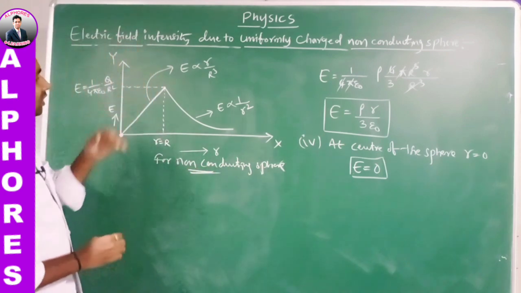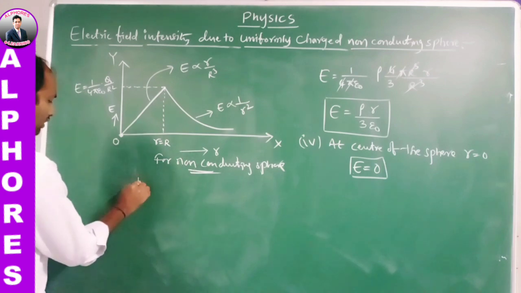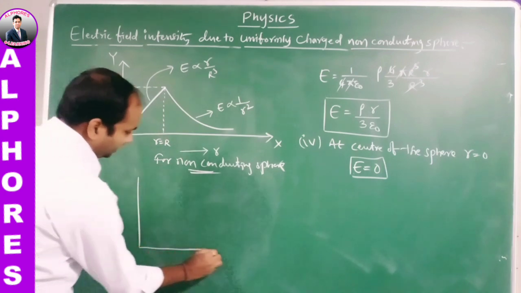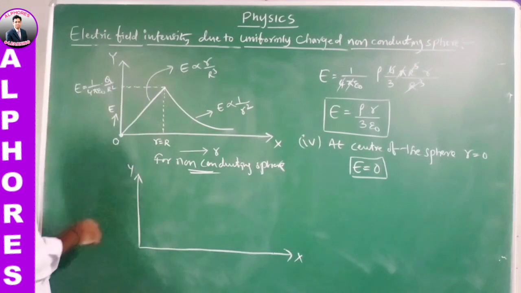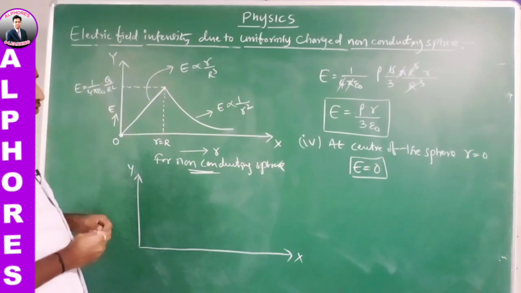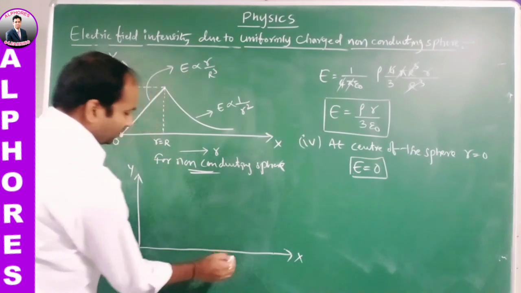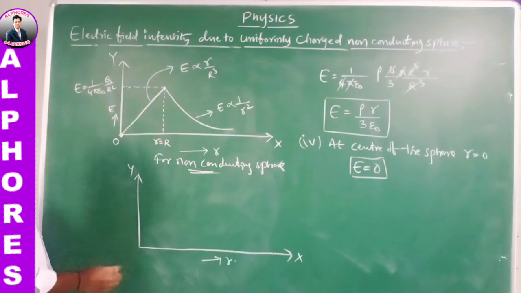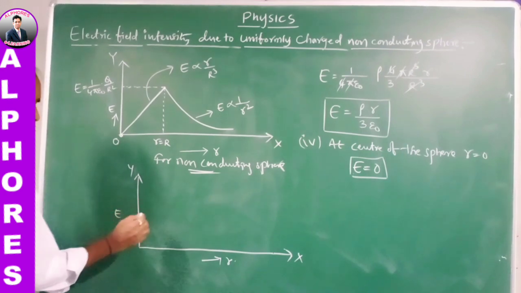Similarly, let us plot the same graph for a conducting sphere, which we already proved. Let us consider again an xy plane. Now let us take the distance r on the x-axis, the distance of the point P from the center, and the electric field on the y-axis.